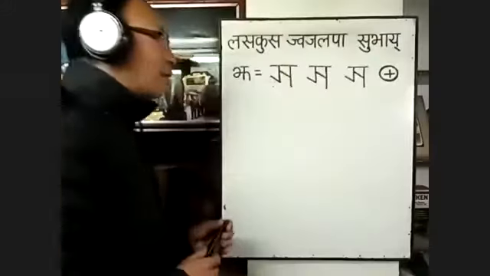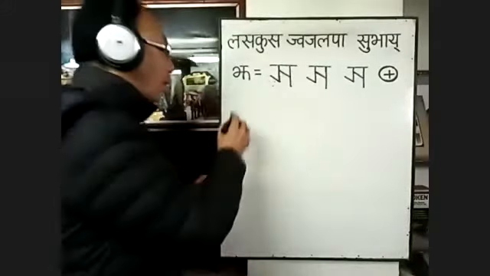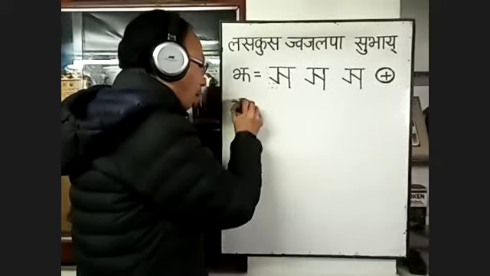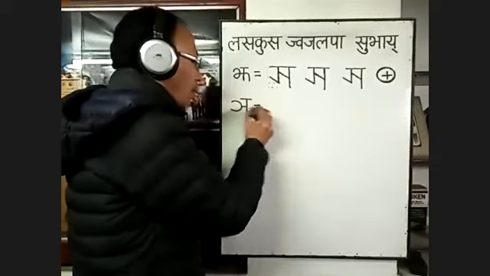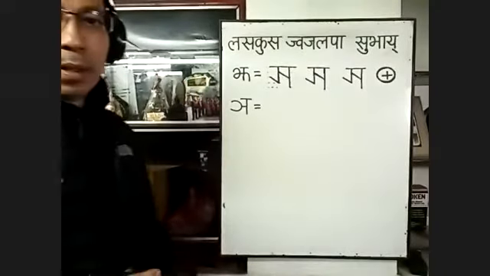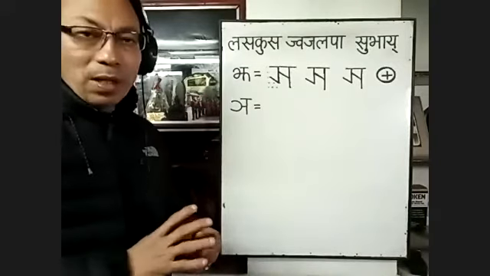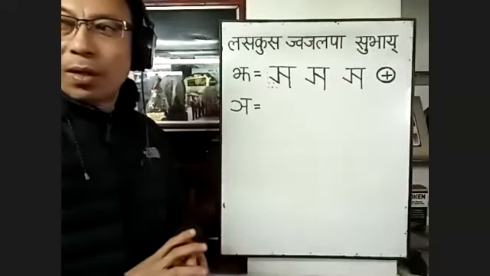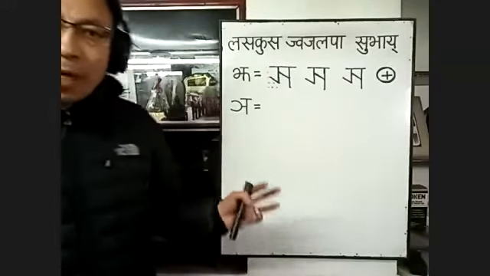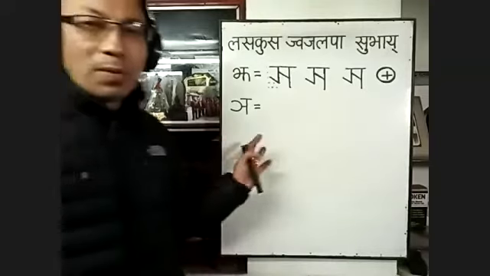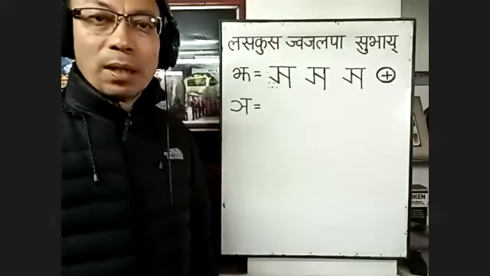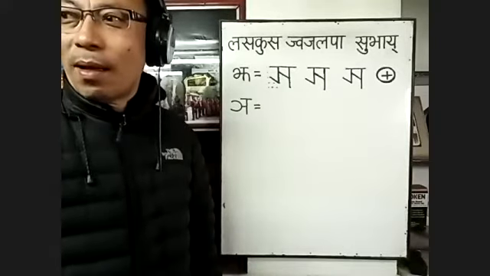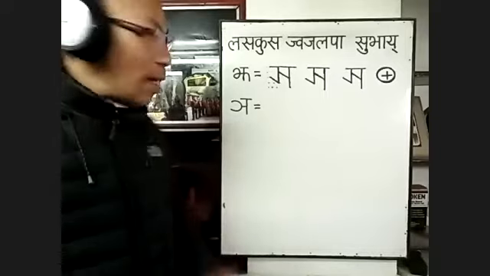So what comes after cha? Then it's no. But when we were taught in school, it was pronounced as yong. But it is slightly different. In Nepalbhasa, it is pronounced as nyo. Okay. And how is it written?